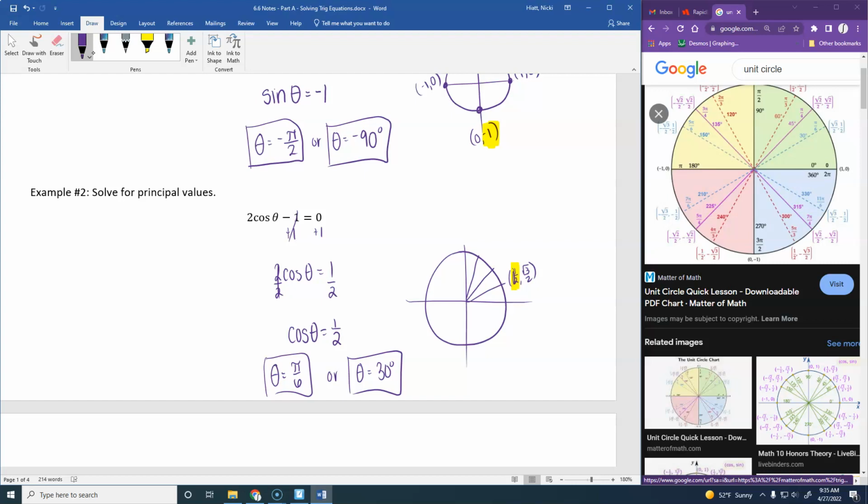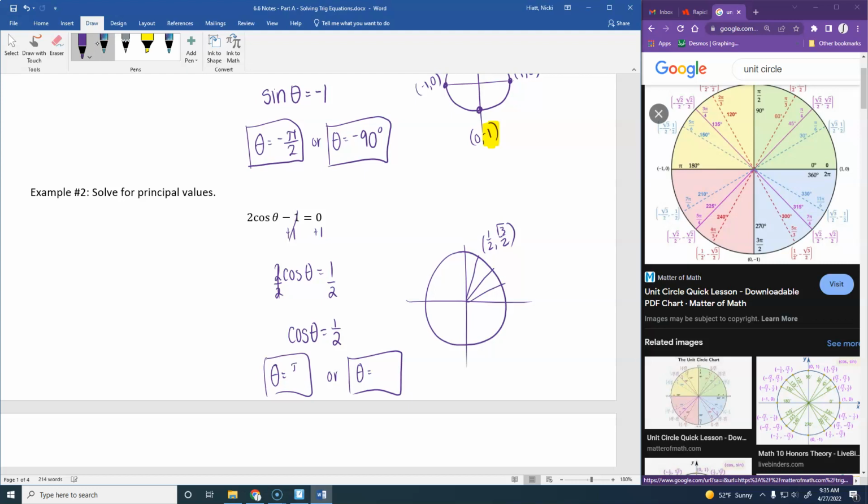Oh, I've got it backwards. I saw Caitlin make a weird face. Let's back up. I've got that backwards. It's right here. Now it looks better. What is this one?